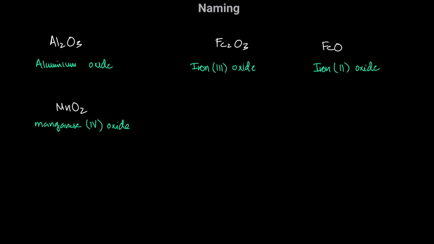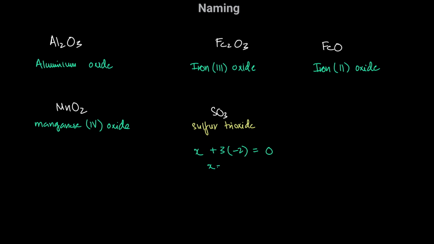Now how would we name SO3? The common name for SO3 is sulfur trioxide. That's the name that we're used to. In sulfur trioxide, sulfur has an oxidation number of +6. Let's say that the oxidation number of sulfur is X, and we have 3 oxygens, each of which is -2, and we have a neutral compound.